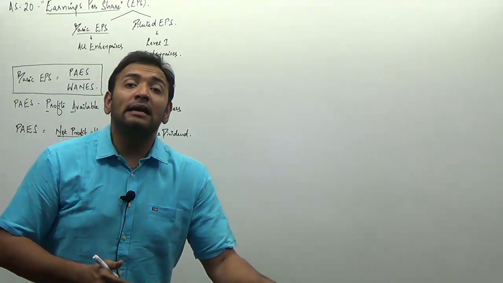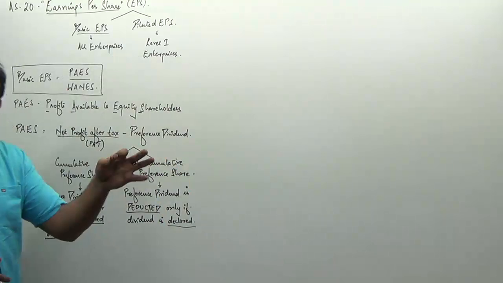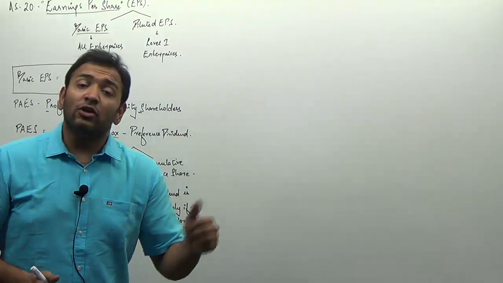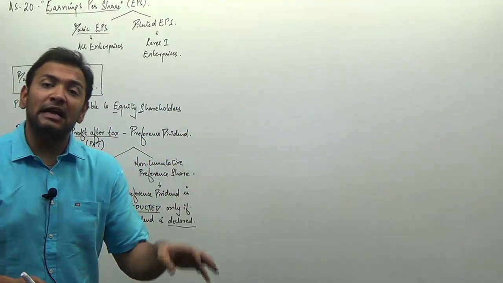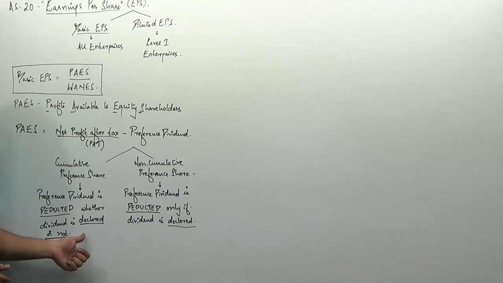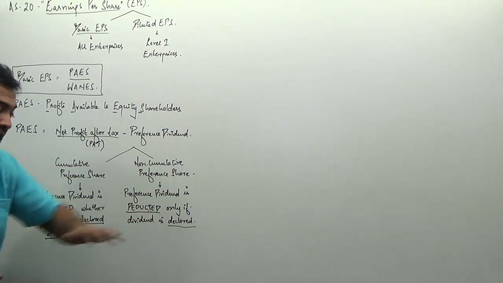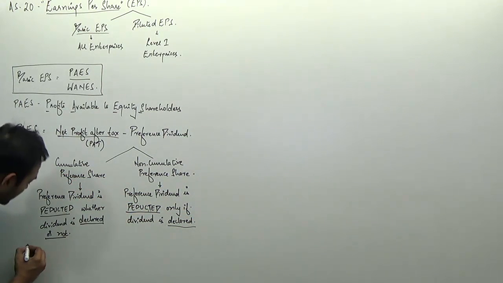Now, should I deduct this arrears of preference dividend from the profit after tax? The answer is no. The reason is, every year, whether the dividend is declared or not, I have been deducting the amount of preference dividend for cumulative preference share. So, you don't have to subsequently deduct the arrears again. Arrears are not supposed to be deducted.